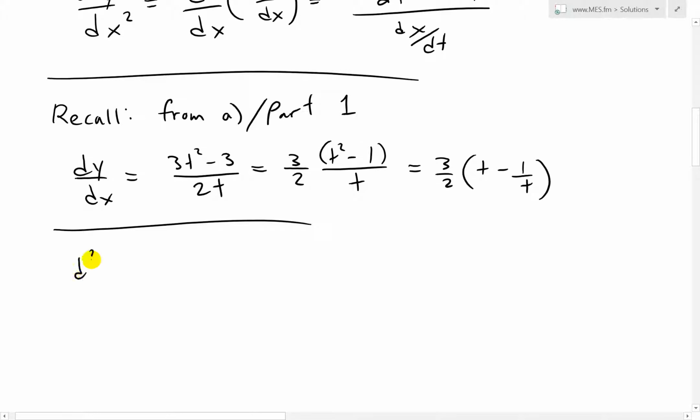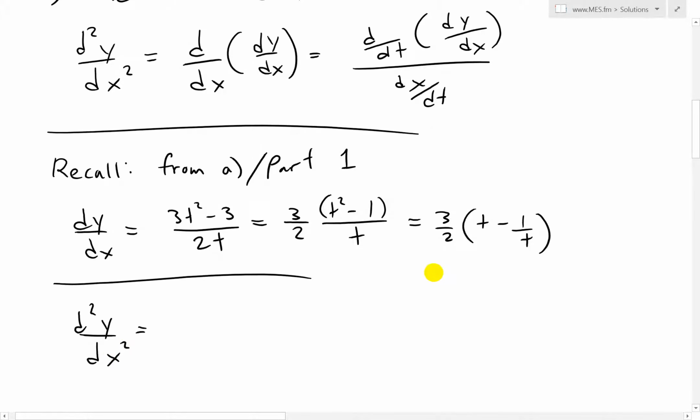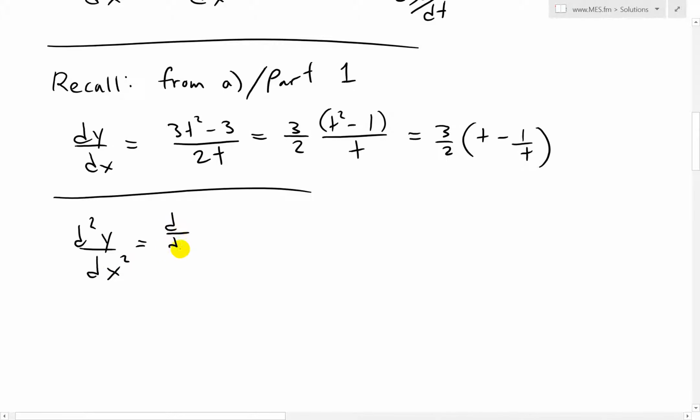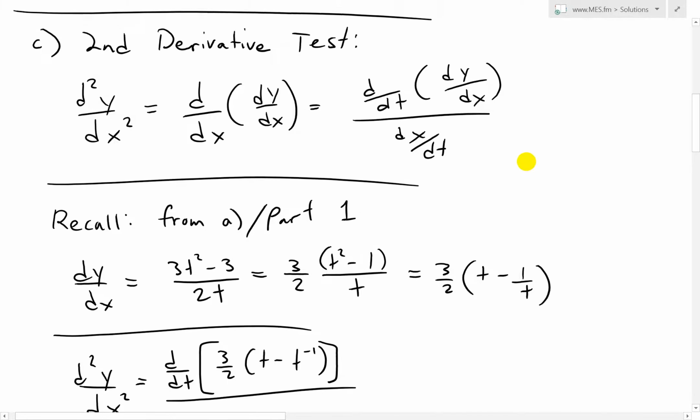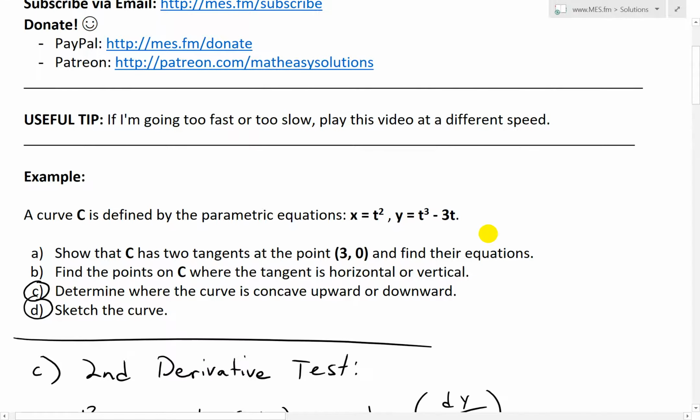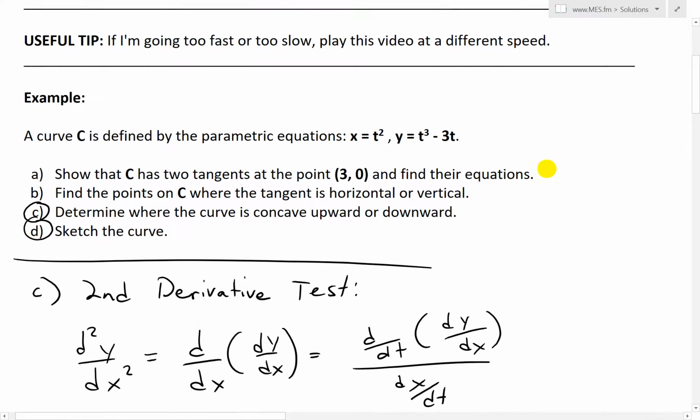So we have d squared y over dx squared equals d over dt of this right here, 3 over 2 times (t minus t to the negative 1), which I'll write like that to make it easier to take the derivative, over dx over dt, which is the same thing as taking the derivative of x equals t squared.